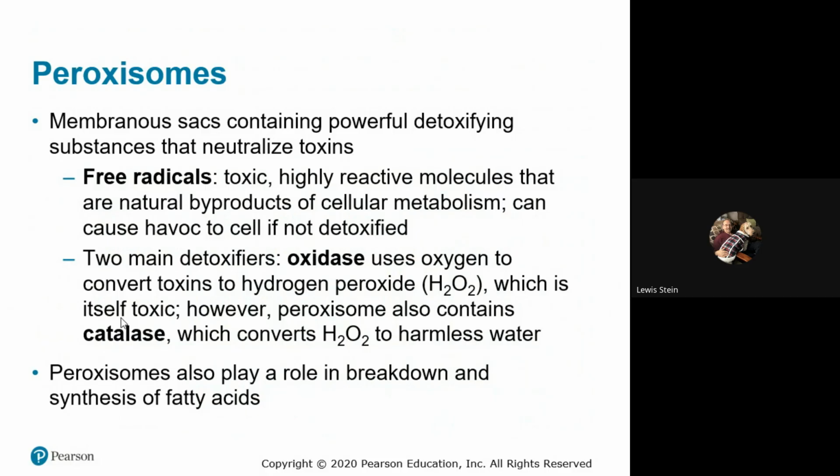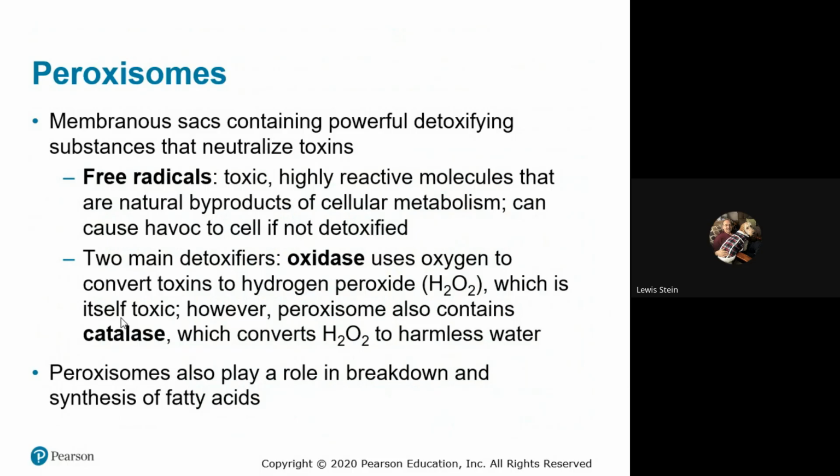If you put hydrogen peroxide on damaged skin with a sore, those peroxisomes have spit out this catalase. What does a peroxide do? It bubbles up. That bubbling is it rapidly converting the peroxide to water and oxygen gas. And it does so rapidly, that's why it stings.